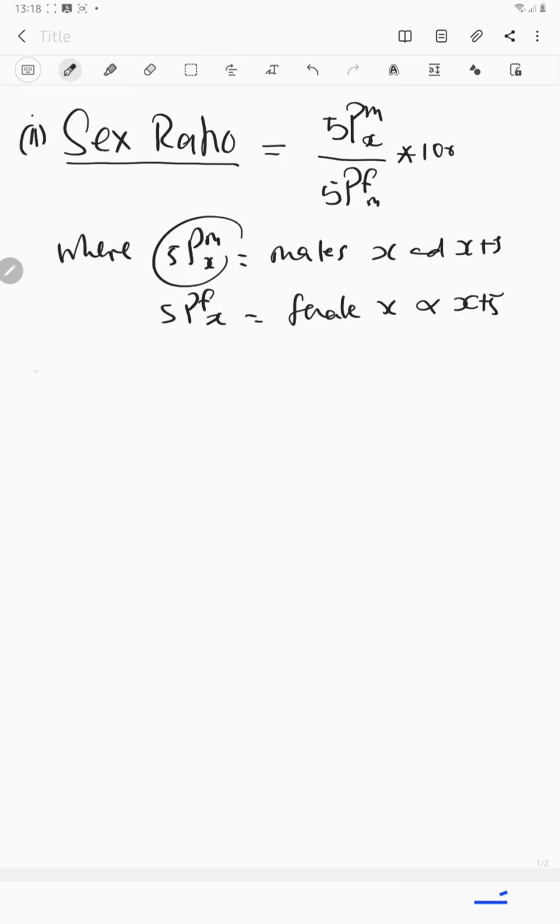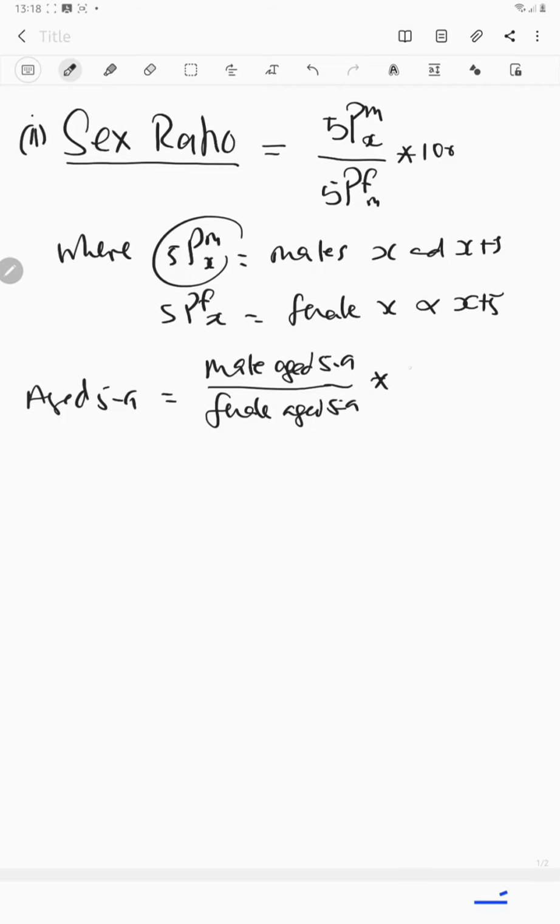For the age group 5 to 9, we have males aged 5 to 9 over females aged 5 to 9, and you multiply by 100. In this case you get what is called the sex ratio.